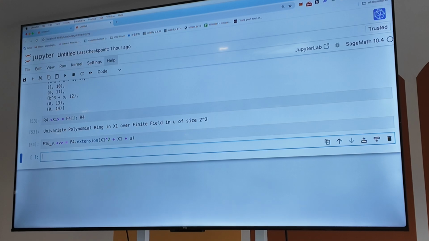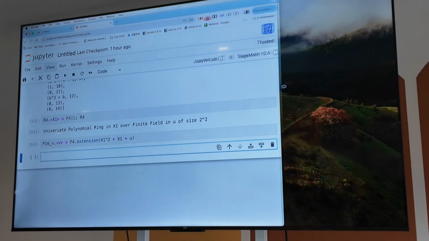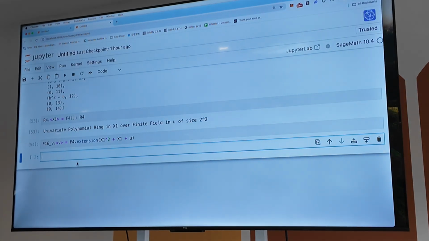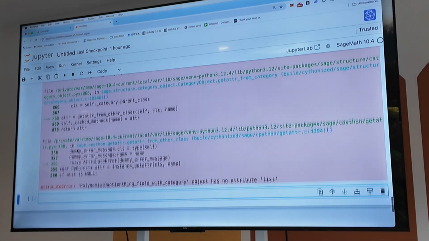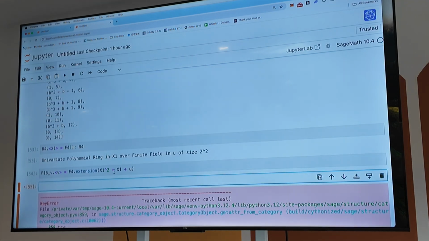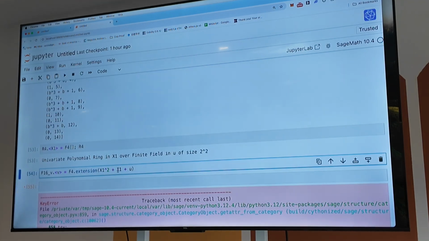So let me just show. Here, I just list all elements. Sorry? On line 54, the polynomial should be x1 times x0 plus 1, right?